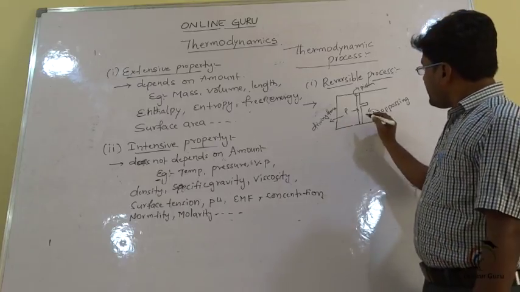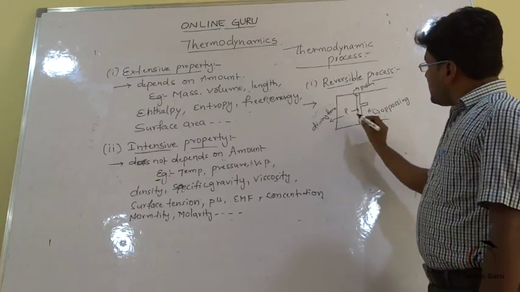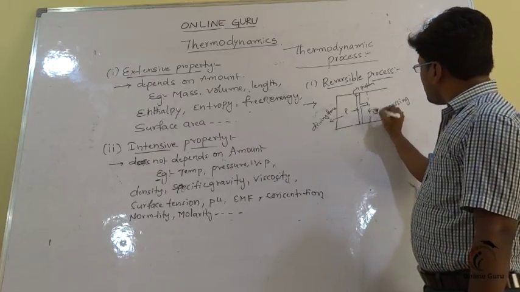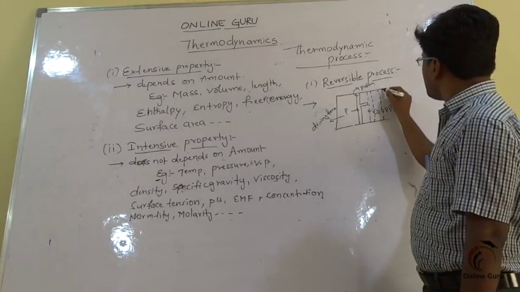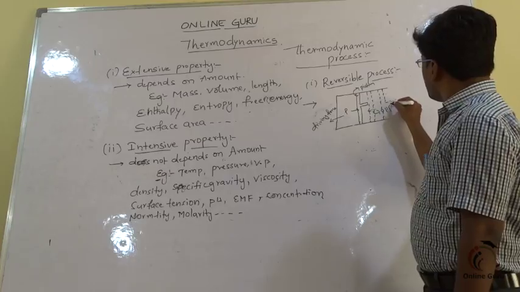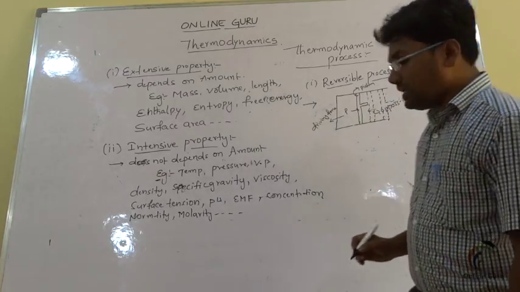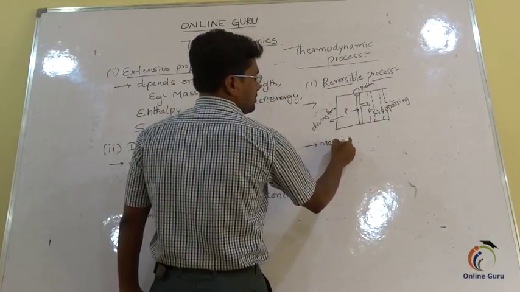So due to this phenomenon, this piston moves from here to here in one step, and again here to here in another step. Like that, the gas can expand in a stepwise manner. Hence, we can say that in this process, maximum work is done.